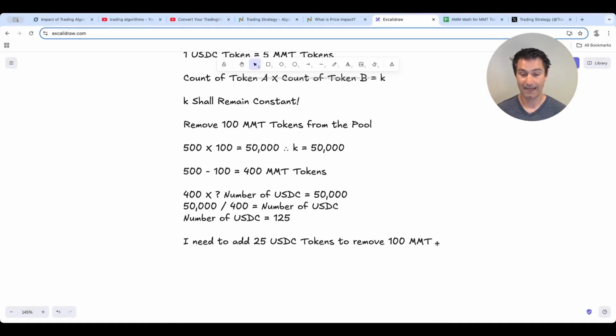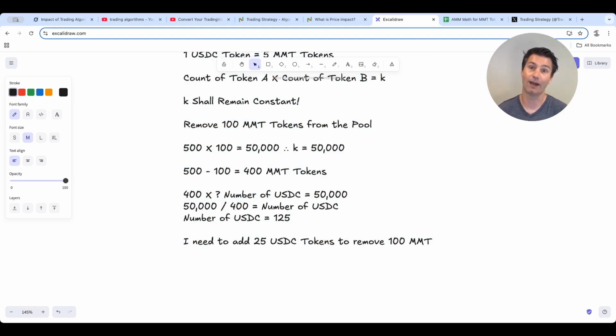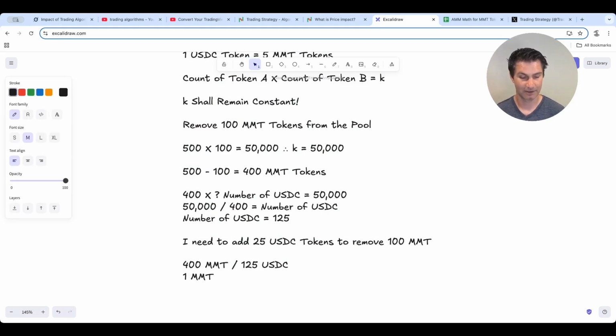So now what is our liquidity pool telling us? So I execute that transaction. I have, wow, 25, but that's okay. So now I have 400 MMT, and I have 125 USDC, and therefore 1 USDC is going to be worth 3.2 MMT now.